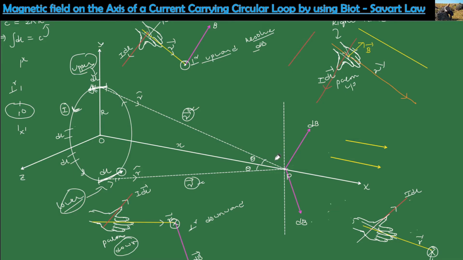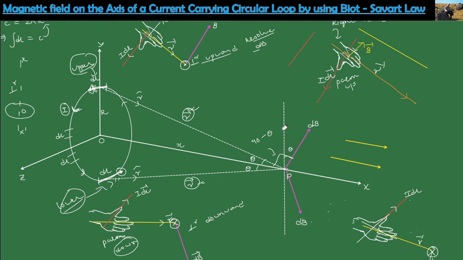So if this is theta, then this full angle is 90° minus theta, and this angle will be equal to theta.